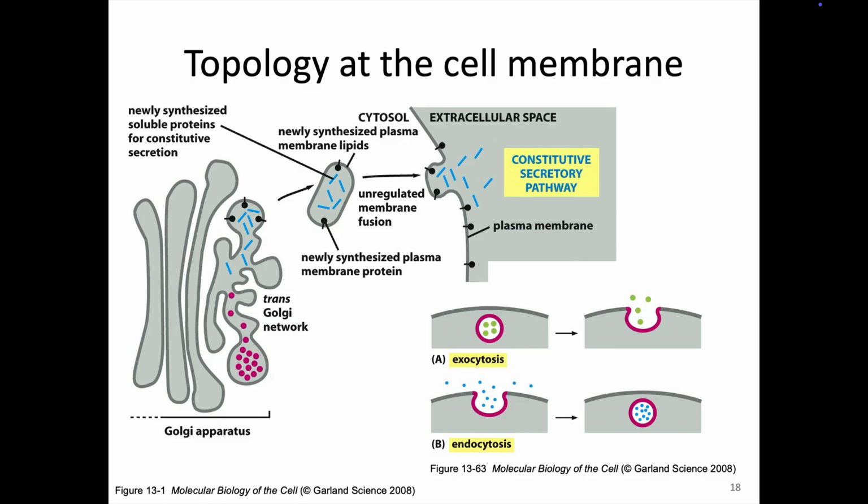And you can see this process where we have stuff in a vesicle, that vesicle fuses with the surface of the membrane, and we secrete. And if we bring something in by endocytosis or phagocytosis, it's really the same thing. We're basically wrapping a little vesicle around whatever. So these are key things you have to be aware of.